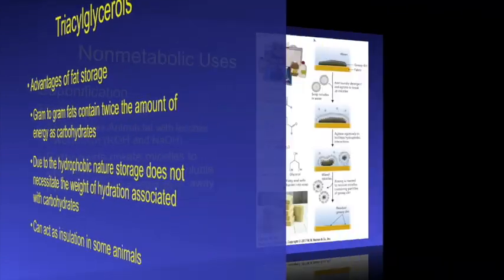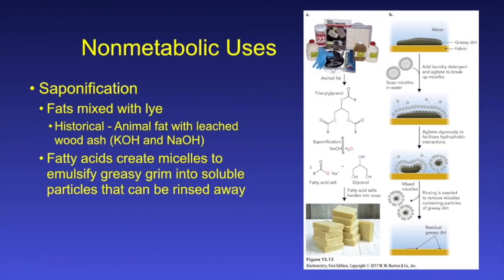All right. Now, there are some non-metabolic uses for fats. Okay. Anybody been to a Renaissance fair? Yeah, and you can go buy ye old soap, right? Well, what in the world is ye old soap? It's this animal fat put into a big cauldron and lye.